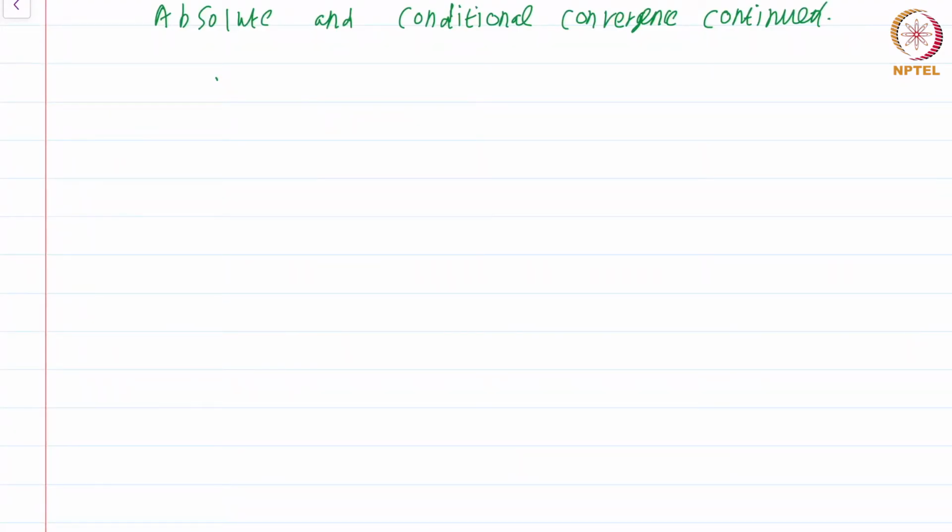Let us continue our study of absolute and conditional convergence. Definition: let summation a_n be a series.